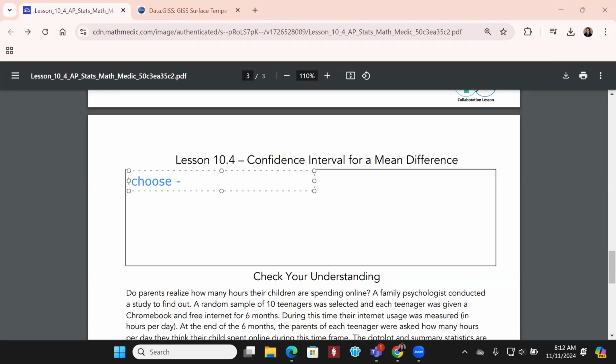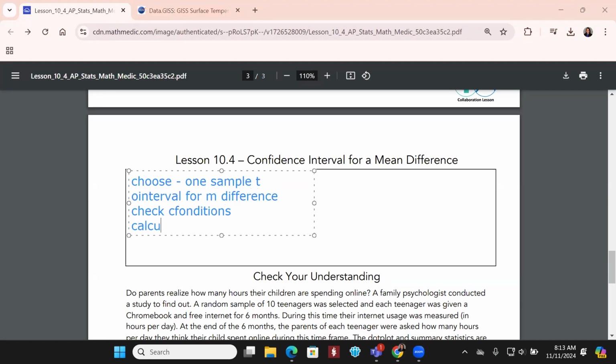All right. So we did choose, and that's one sample T interval for mu difference. We checked the conditions. We calculated using that cool formula. Then we concluded that we are blank percent confident.